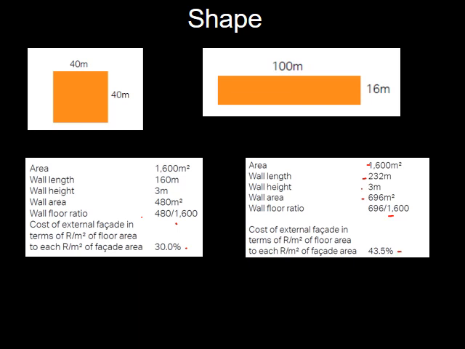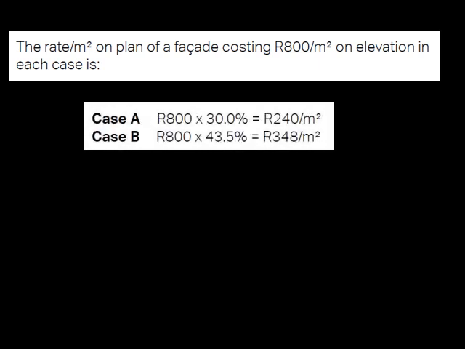But let's look at it in a practical way. If you look at it in practical terms, the rate per square meter on plan of a facade costing 800 rand on elevation will work out as follows. You've got 800 rand per square meter times 50% for your cost ratio, so it works out to 240 rand per square meter just for your external envelope or your walls.